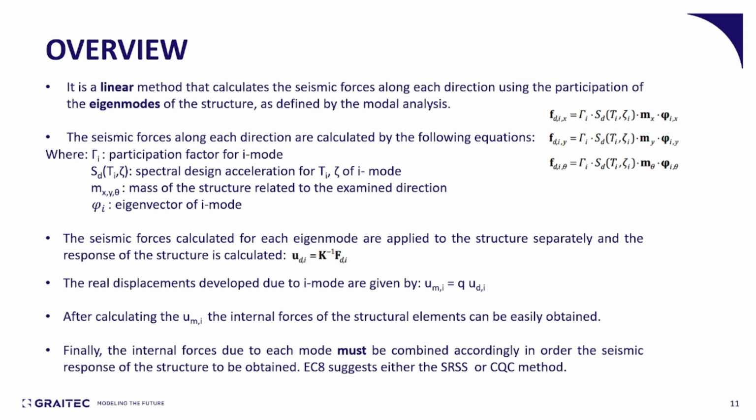It is basically the excited mass, the mass that is excited due to this mode, the i-th mode, the one we examine each time, and Phi is the eigenvector of the i-th mode, the normalized one.